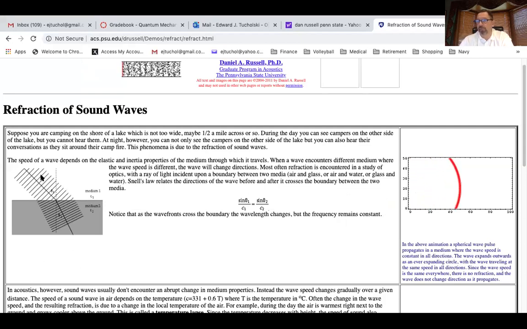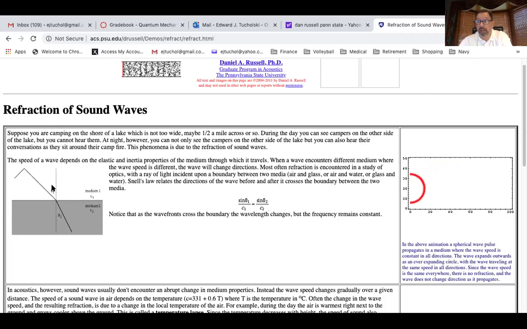And what you're seeing is maybe this is light. Hopefully you're seeing a light ray in medium 1. And it could be sound too. Dan's actually an acoustician, so he's talking about sound here, but it could be any wave. It starts in medium 1 with some wavelength, and you can see the difference between the wavefronts here is one wavelength, and there's the ray that I've been talking about.